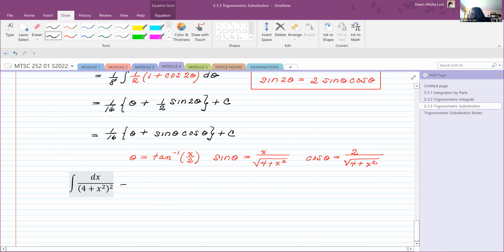This is going to equal 1/16. And then theta is the tan inverse, going back to x, of x over 2. Plus, when I take the sine times the cosine, I get 2x over, and when I multiply those, I get 4 plus x squared. And there's my answer.